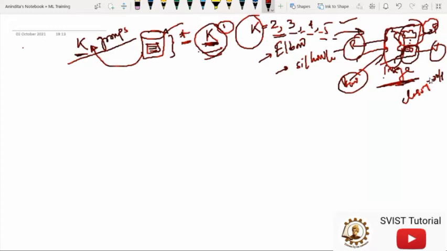I know that now you are very interested in how this algorithm will work. This algorithm has very simple steps. If you follow these steps carefully, then you will be able to design the K-means clustering algorithm.